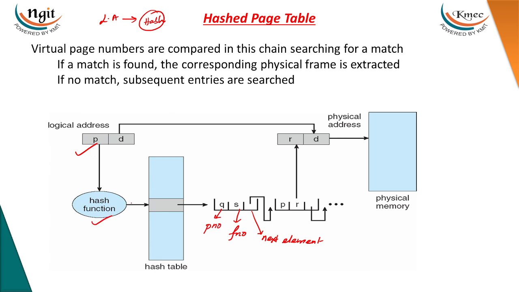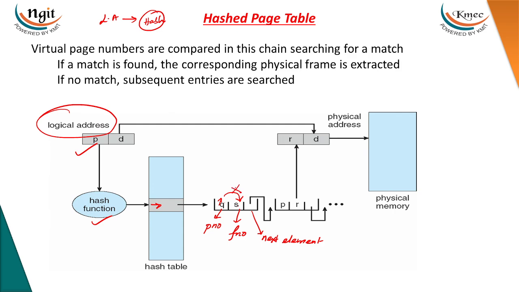It will generate a hash number, and that number will be given to some particular entry, which holds a page number and a frame number. Now the generated logical address is compared with this particular page number, and if it matches, the corresponding frame number will be extracted.